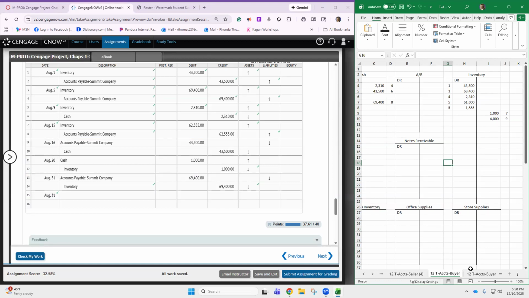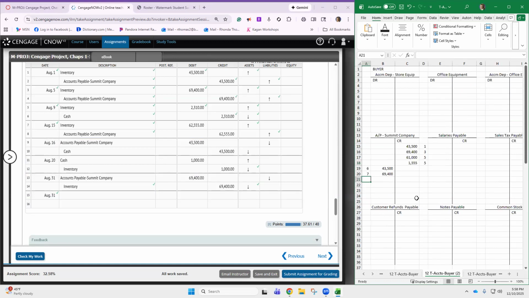And then we're going to the accounts payable that we have to Summit and make it go down. We're going to make it go down because inventory goes down with a credit. And so does accounts payable, because we don't owe them for this 4,000 because we sent it back, right? We don't owe for this 4,000.